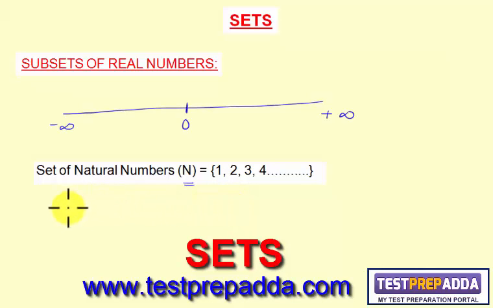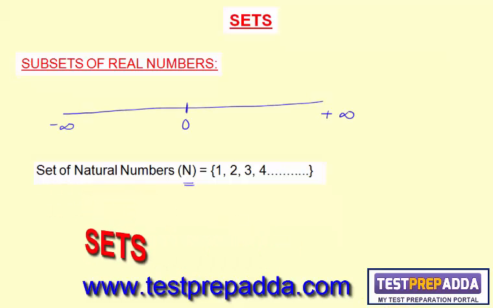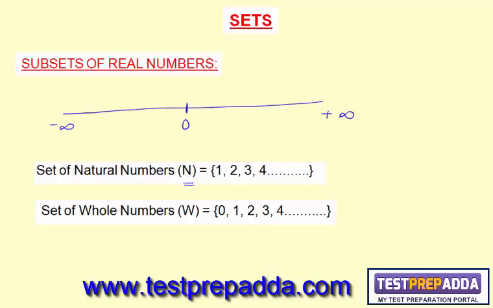Now, set of whole numbers. Second, set of whole numbers. First of all, we write this with W, and that is equal to, again I have shown here in tabular form. You can see we need to add 0 to natural numbers to get whole numbers.